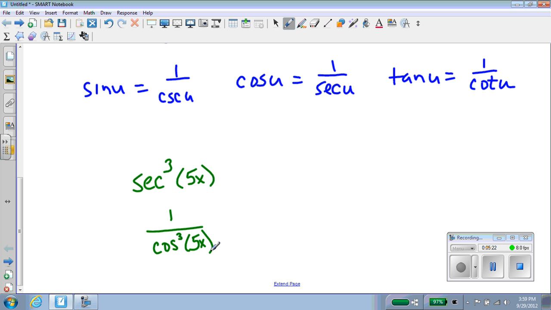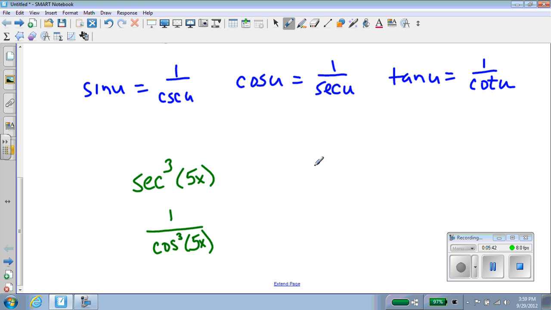So what I've got going here is my reciprocal identity for secant. Secant is 1 over cosine. It will work no matter what power I choose to use, so I've chosen to cube secant, so that would just mean that cosine is cubed. And my universal variable was 5x.